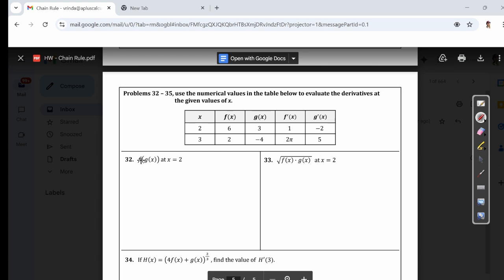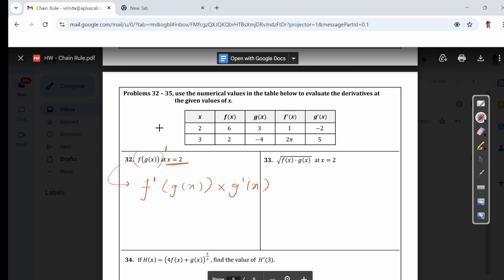What will be the derivative of this function if you use the chain rule? It will be f prime of g of x times g prime of x. So what is f prime of g of x? You have to look at the values when x is equal to 2.